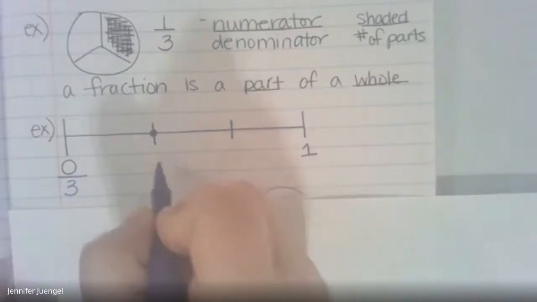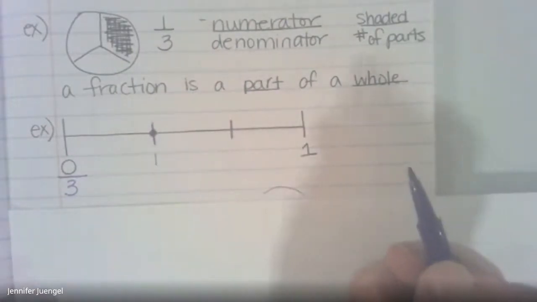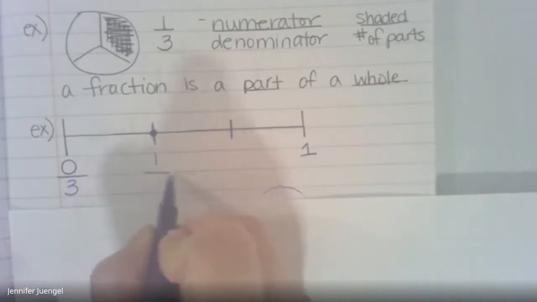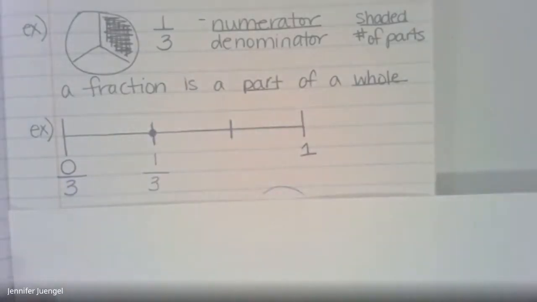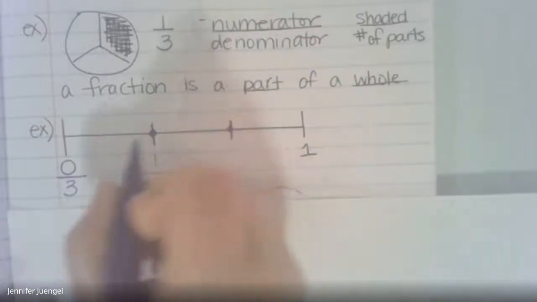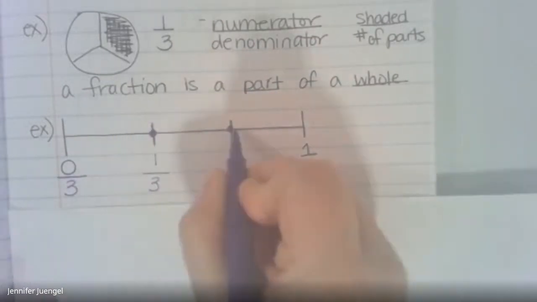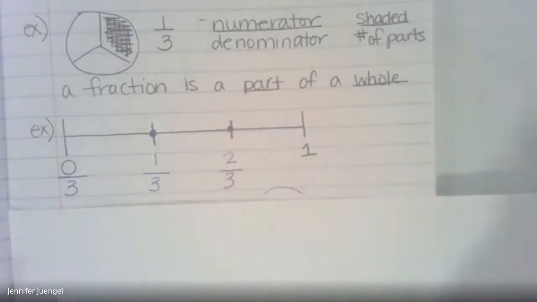So we would write the shaded number or the dotted spot on our number line, 1 out of 3 parts possible. So this spot on our number line would be identified as 1/3. The next spot over would be the second chunk, 1 part, 2 parts out of 3 parts possible. We would call that 2/3.